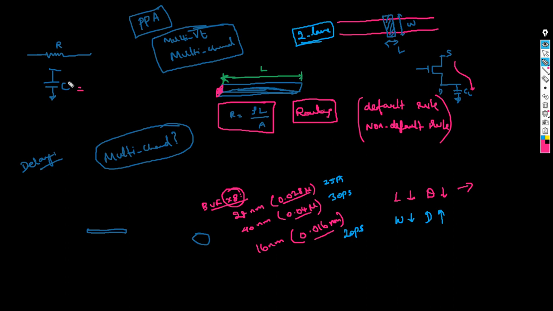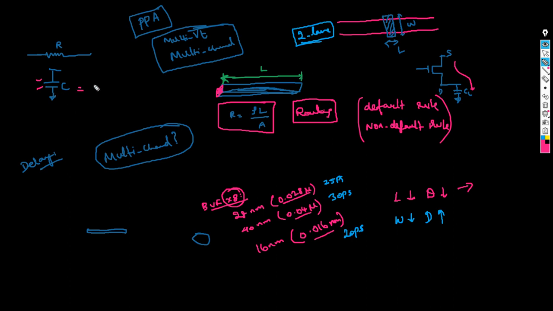So a simple definition, I'm not complicating things here. It is two parallel plates, where this is one plate and this is the other, separated by a dielectric. When I say dielectric, it could be some oxide or some kind of insulating material, it can be anything.